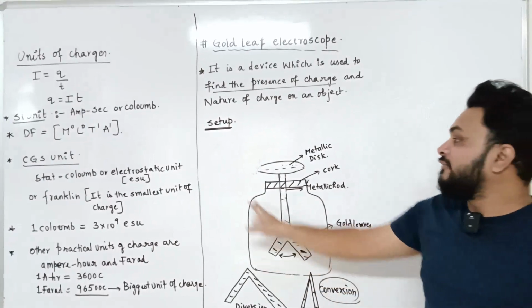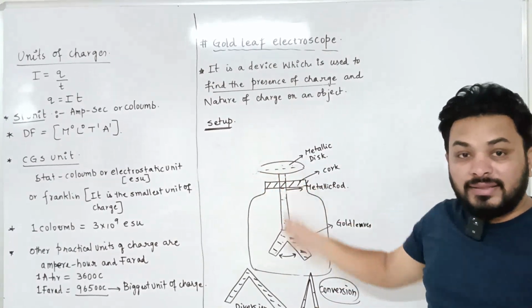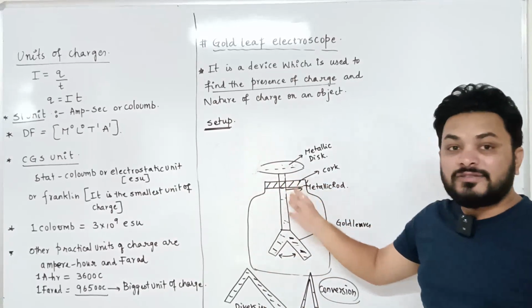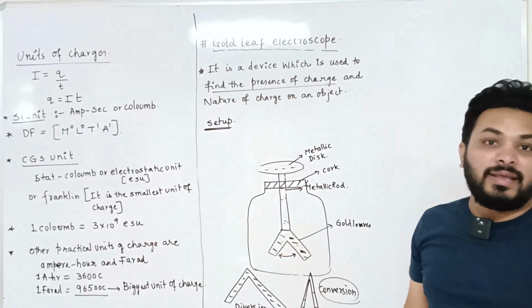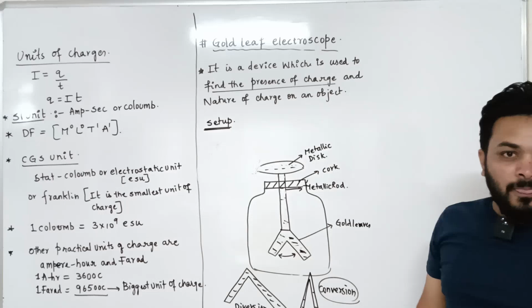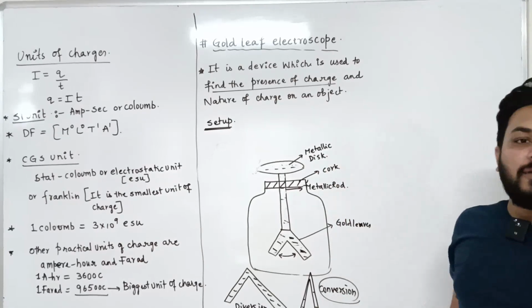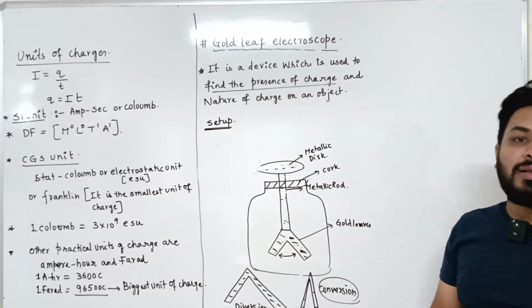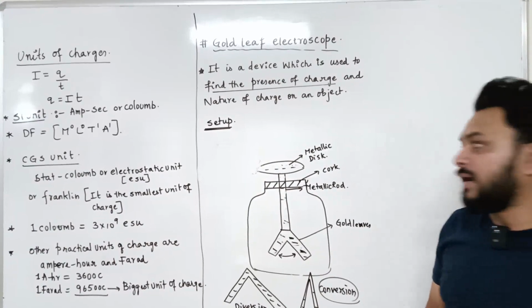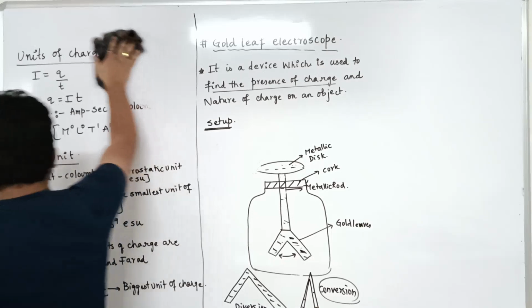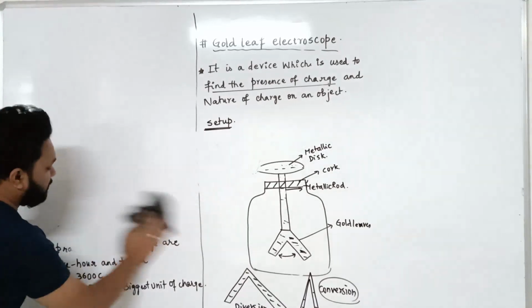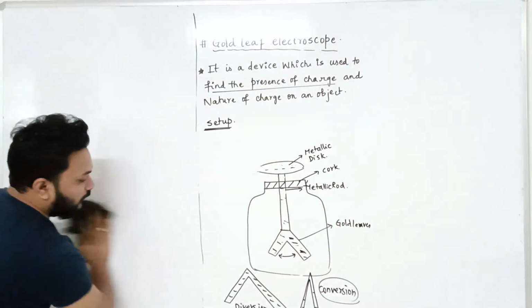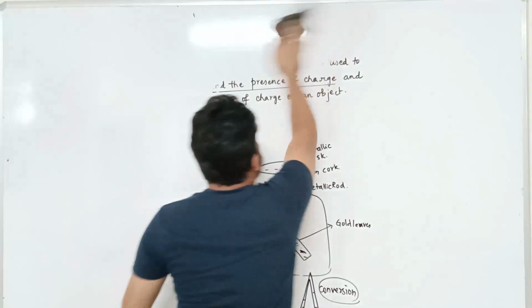Negative: if I take an already negatively charged body, then negative charge will transfer, there will be divergence. So we can assume that there is negative charge on the gold leaf. Got it? So this is how exactly we do the gold leaf electroscope experiment, to find the presence of a charge and the nature of a charge on an object.